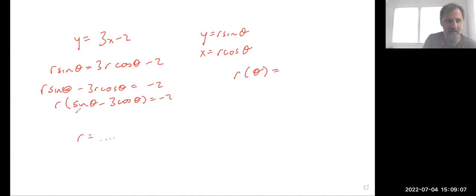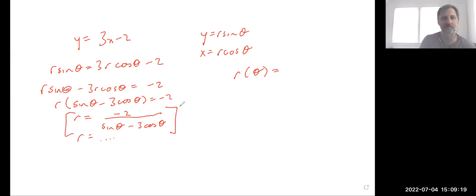And finally, I divide by the thing that's multiplying r, so sine theta minus 3 cosine theta. That's what I'm dividing by. So this should end up giving me this line, which we know has a y-intercept of -2 and a slope of 3.